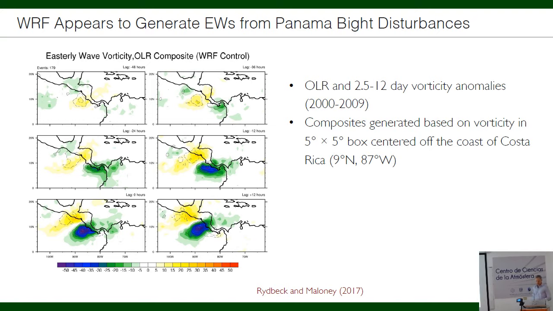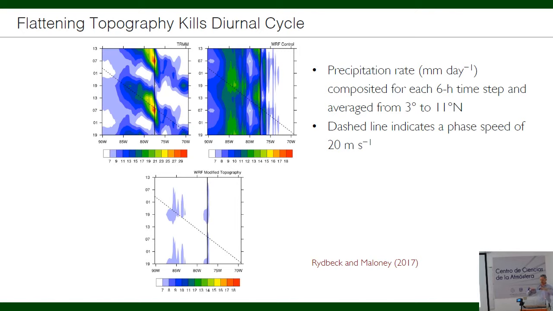Okay, so first of all, has our removal of topography killed the diurnal cycle and this diurnal source of convection? This is a plot that tries to make that case. As with most models, the model is not perfect. It doesn't do a perfect job of simulating things like the diurnal cycle in this region, but it does have a diurnal cycle of convection in this region.